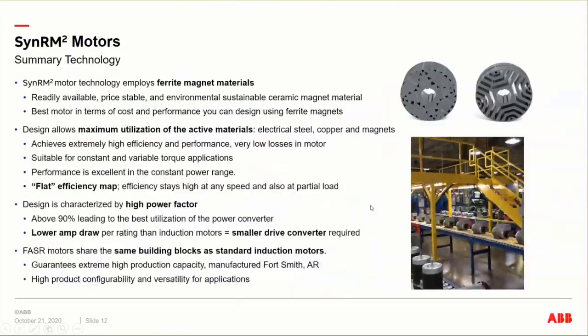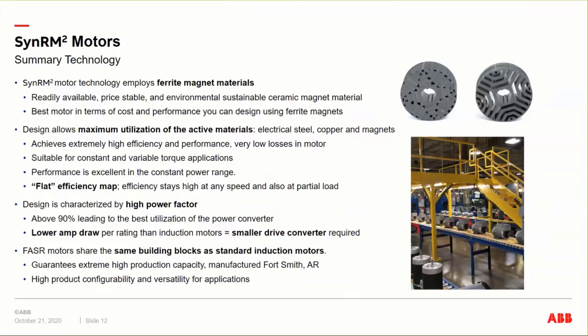So, just in summary, the Center RM technology employs ferrite magnet materials, which are readily available, price stable, and environmentally sustainable ceramics. They utilize maximum active materials to produce a really high efficiency, but as I'll show you, a flat efficiency map. So that efficiency is maintained not only at base speed and full load, but at partial speed and partial load points.